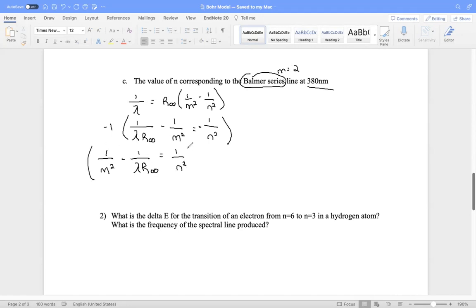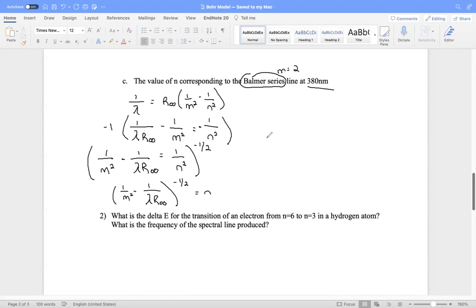And now we can raise everything to the negative 1/2 to get this in an n equals form. And so we'll be left with 1 over m squared minus 1 over lambda times our Rydberg constant raised to the negative 1/2 is going to be equal to n.